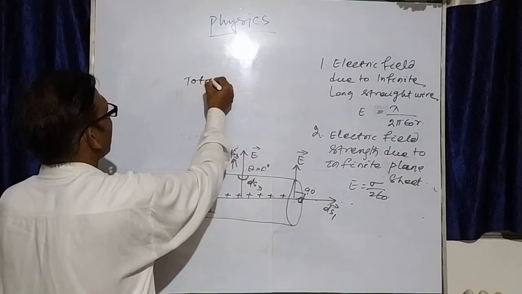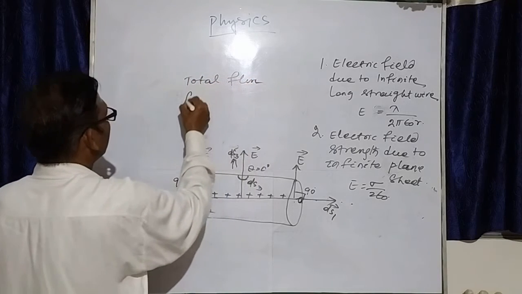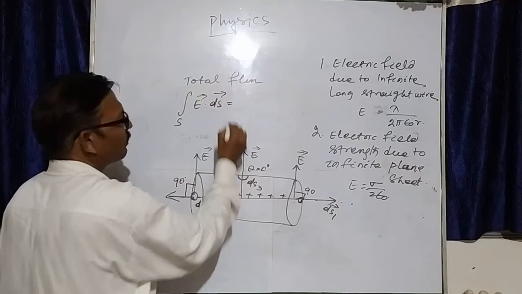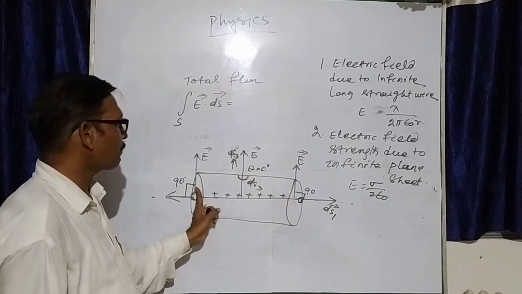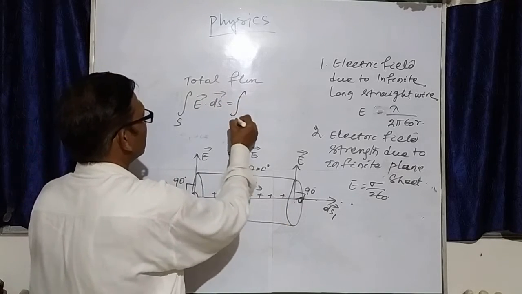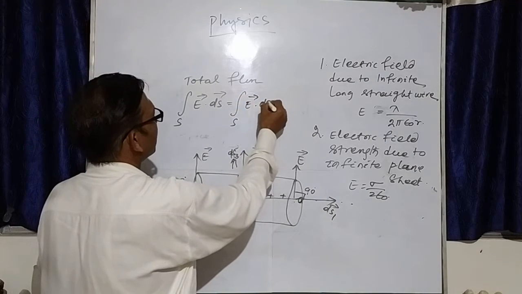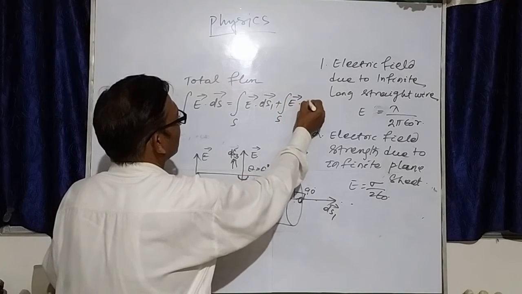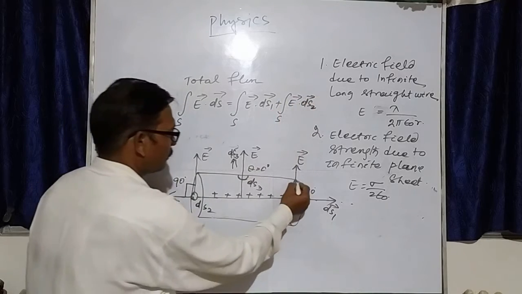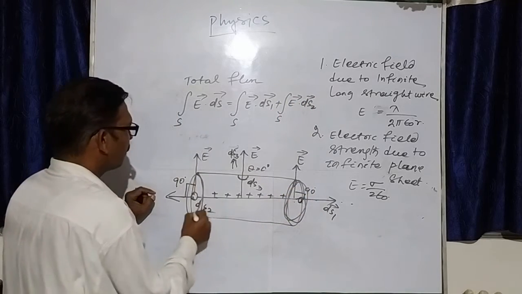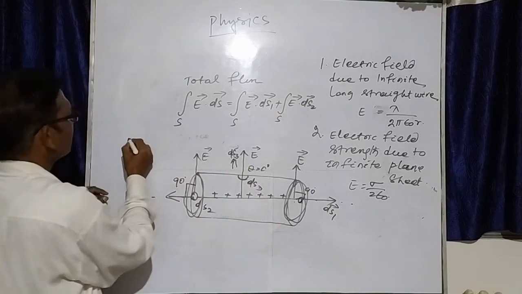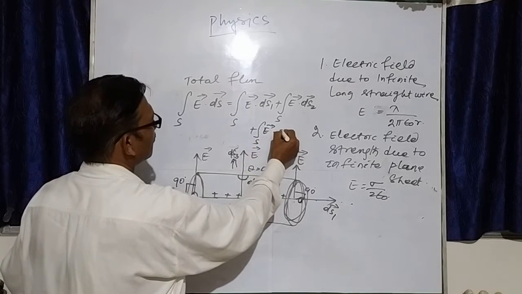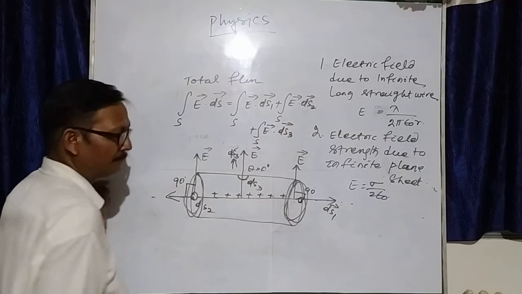Total flux: integration over the total surface of E dot ds is equal to this surface plus this surface plus this surface. First E dot ds1 plus E dot ds2 plus E dot ds3.